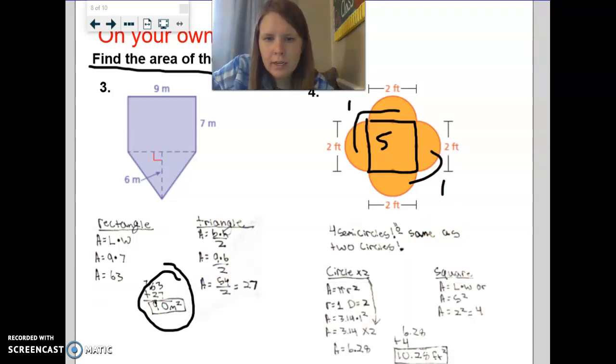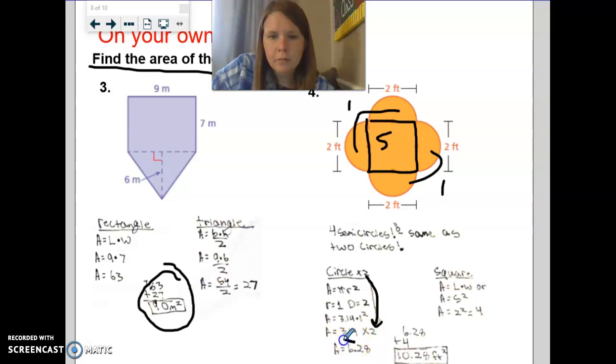So what I did then is I find my area of my circles as well as my square. My circles using pi times radius squared. In this case, I've got a diameter of 2, so my radius is 1. Plugging that into that formula, which gives me an answer of 3.14. Now I have 2 of them, that's why I drew this back down, and I'm multiplying it by 2 because I need 2 full circles, okay?